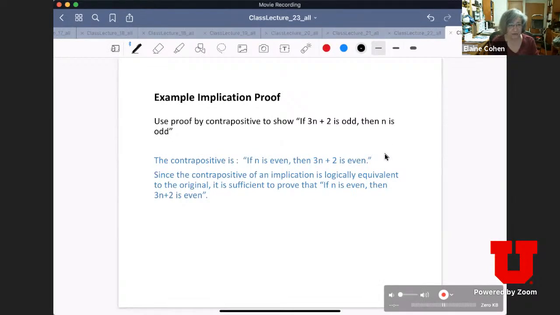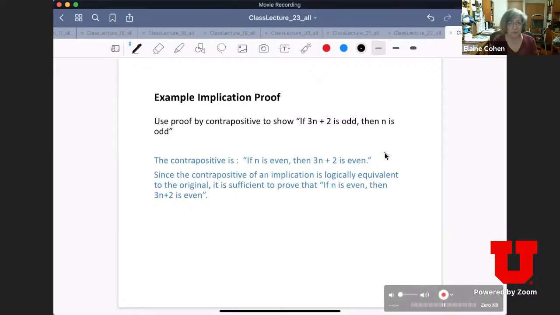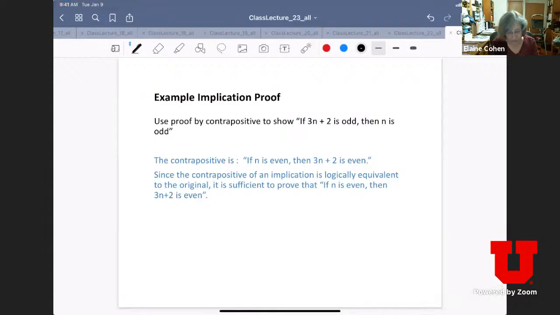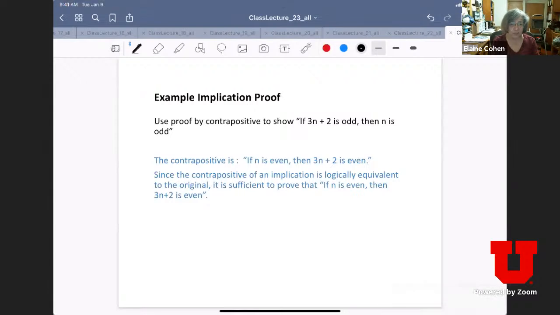So that means n is even. So if n is even, then the negative of 3n + 2 is odd is 3n + 2 is even. So that's our contrapositive statement. And since the 2 are logically equivalent, we have to just prove if n is even, then 3n + 2 is even. So what do we do?